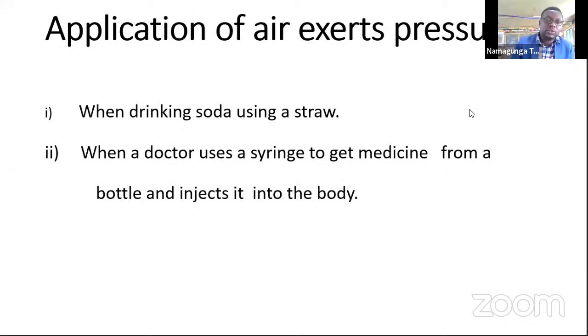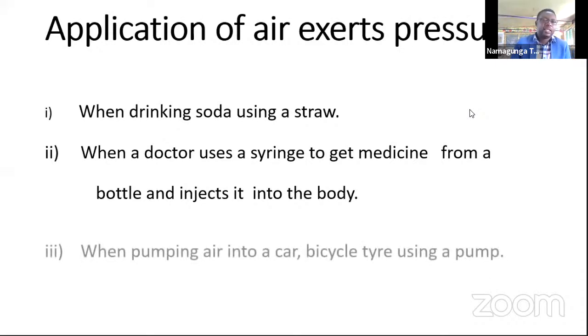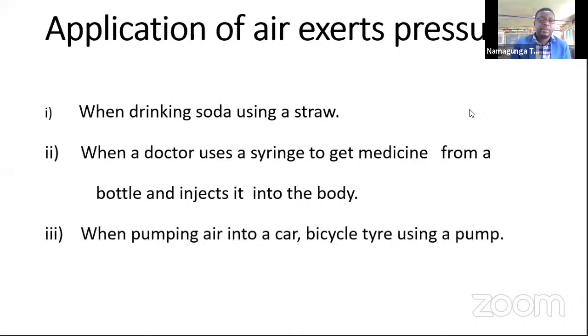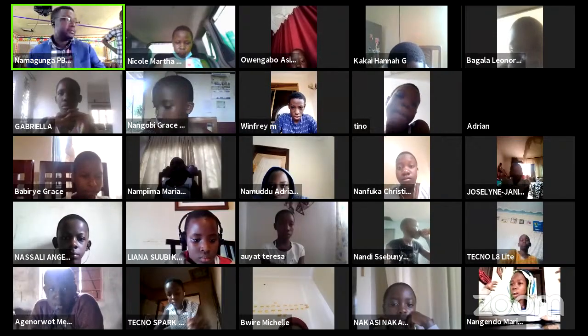The doctor is also using the application of air exerts pressure. Then another point, number 3, is pumping air into a car or a bicycle using a pump. That is also an application, question number 1 on our activity.